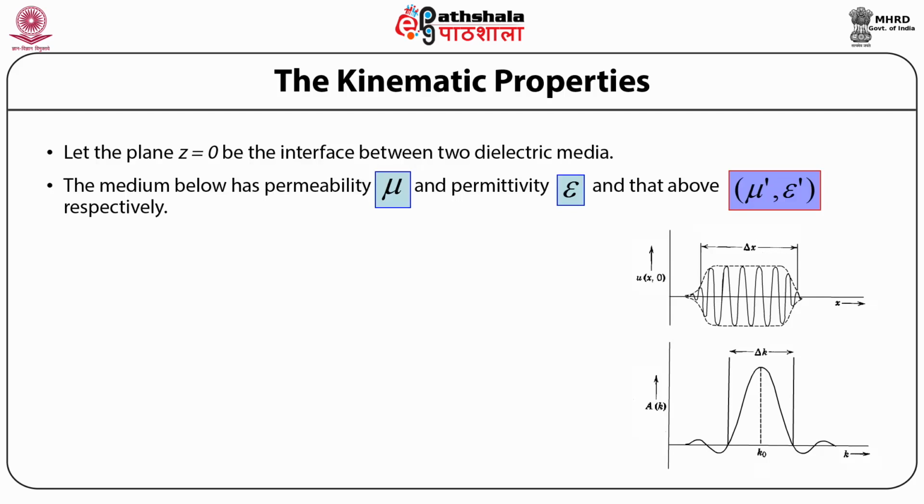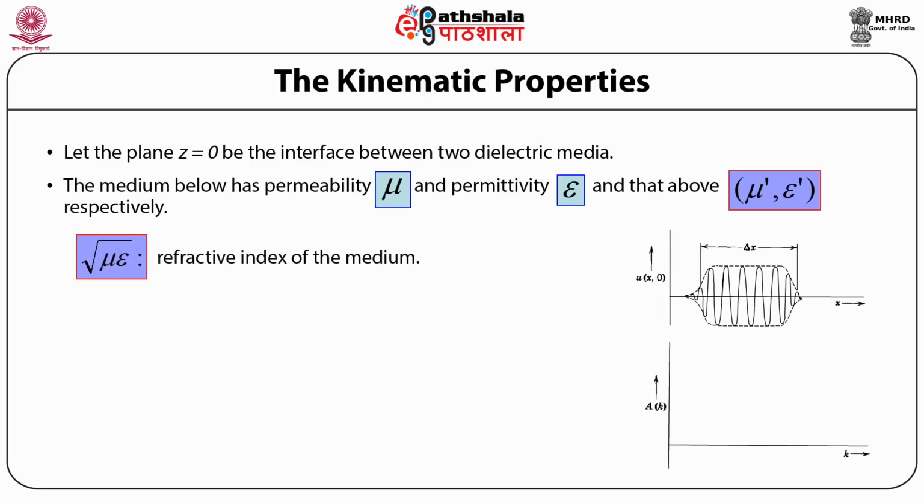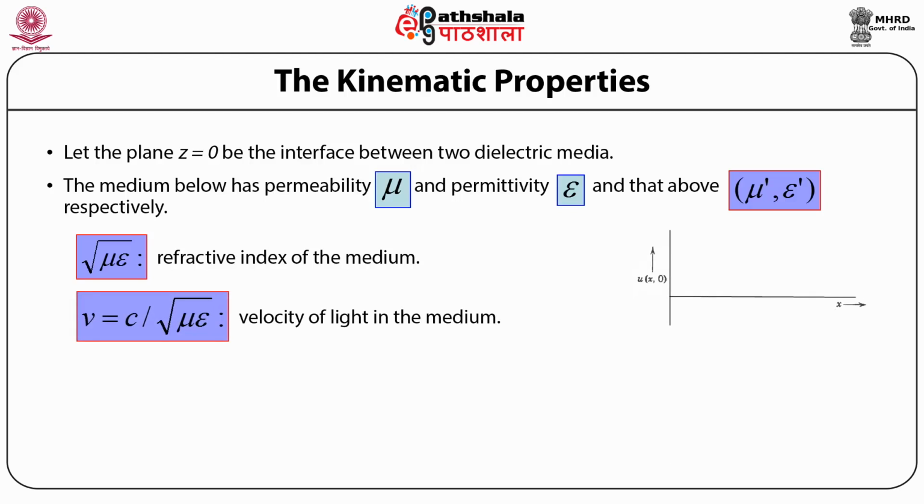For medium 1, which is below the plane z equal to 0, the refractive index is given by n equal to under root of mu times epsilon, and the velocity of light in this medium is given by v equal to c by under root mu times epsilon.